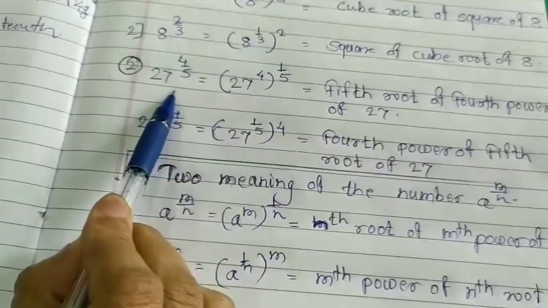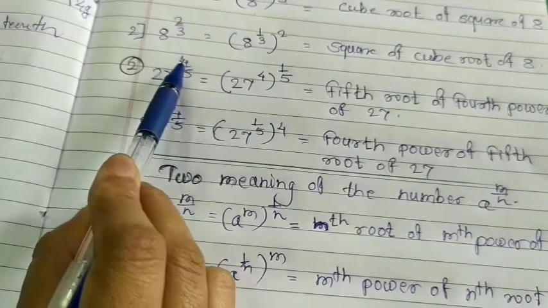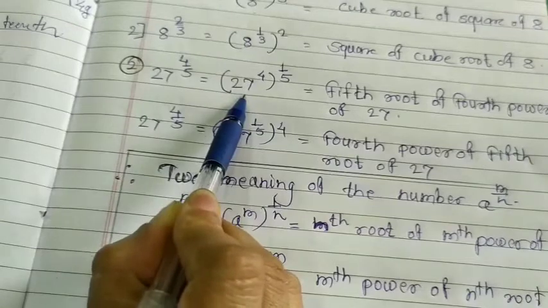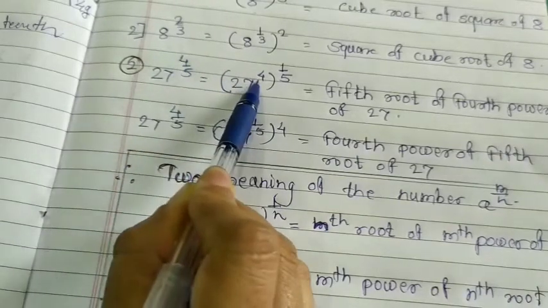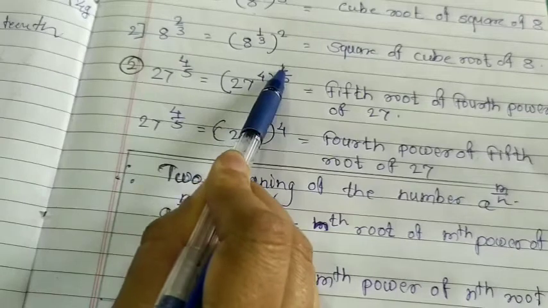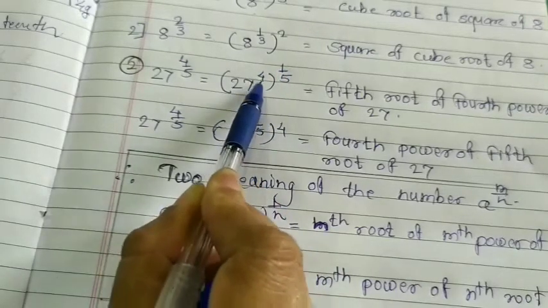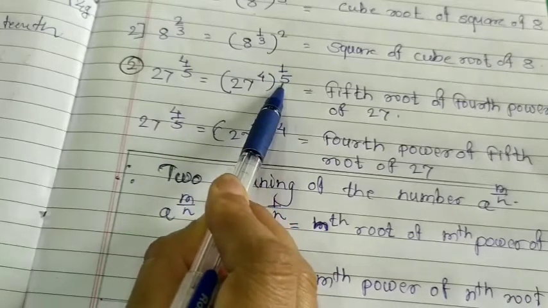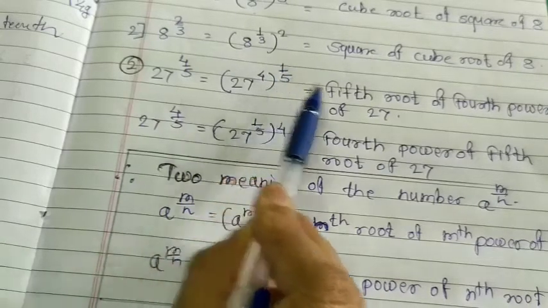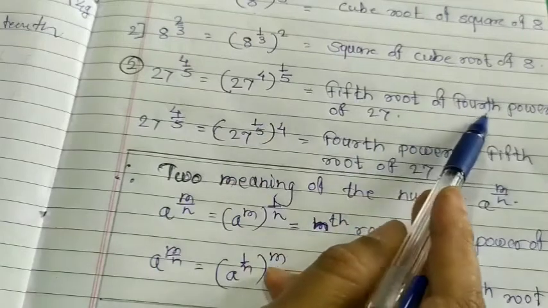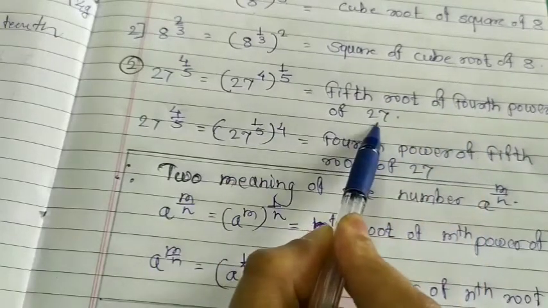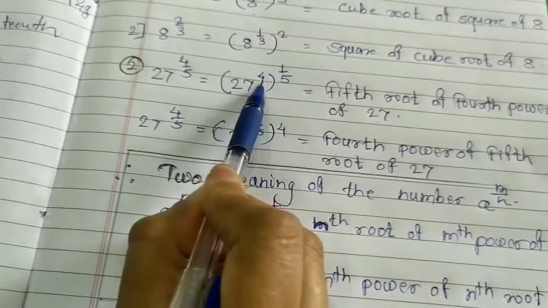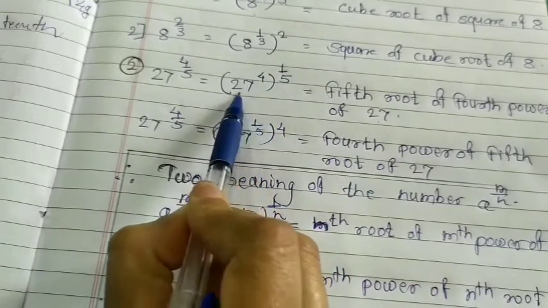Then second example, 27 raised to 4 upon 5. By the first method, we take 4 here and 1 upon 5, so (27 raised to 4) raised to 1 upon 5. This is the fifth root of the 4th power of 27.